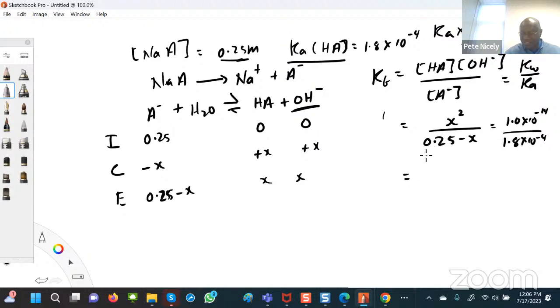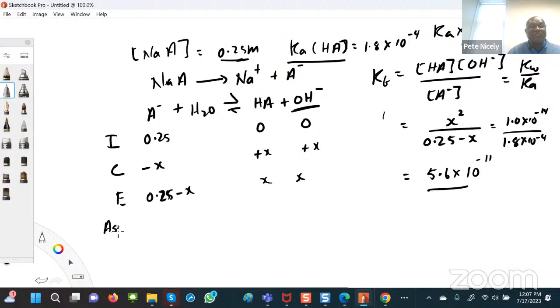The value I got for Kb in this case is 5.6 times 10 to the minus 11. Let me check this again. Okay, so this is the Kb value.